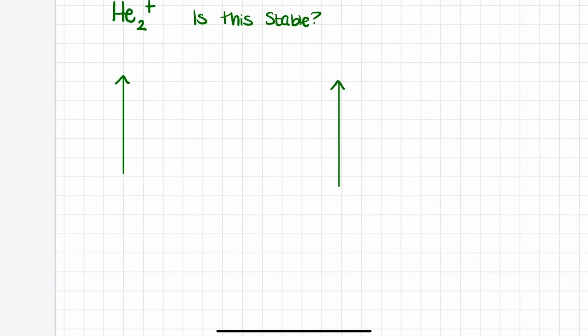But in this case, I've got 1s, and I've got another 1s, but I'm missing 1 electron because I've got He2+. I'm going to form a bonding orbital and an anti-bonding orbital.